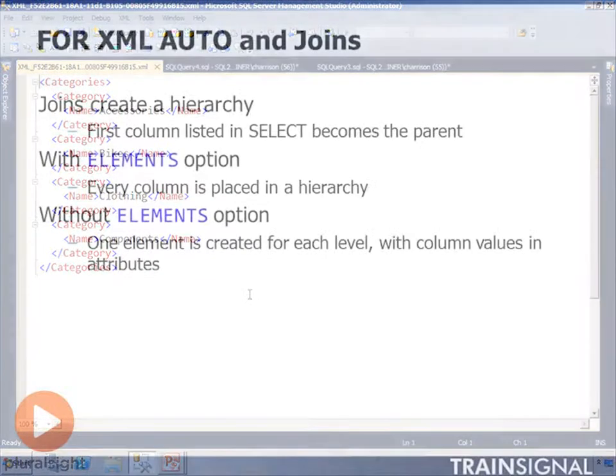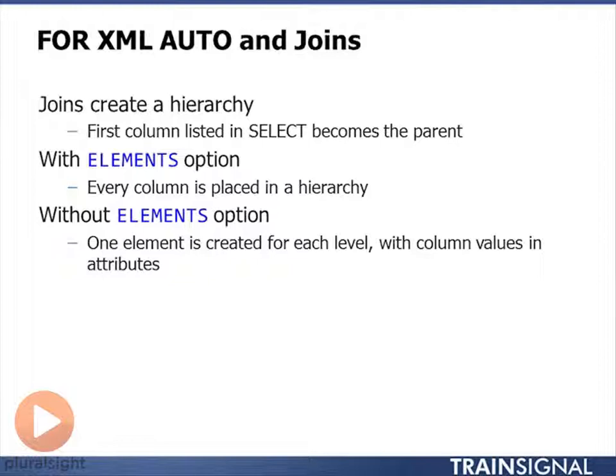Cool. Now you might be wondering at this point, what's the big difference between XML Auto and XML Raw? Because really, outside of that one little thing, they're almost the same. Well, the biggest difference between Auto and Raw is how it handles joins. With Auto, when I join tables together, it's going to maintain a hierarchy.